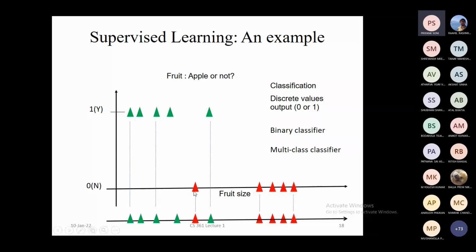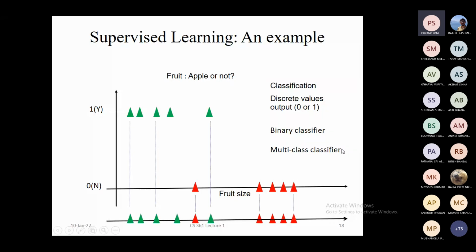This red one may be an outlier or is misclassified, but it is a very common case, because every data point may not always be accurately classified. So classification has discrete value output, 0 or 1 is a binary classification, multi-class classification is also possible.